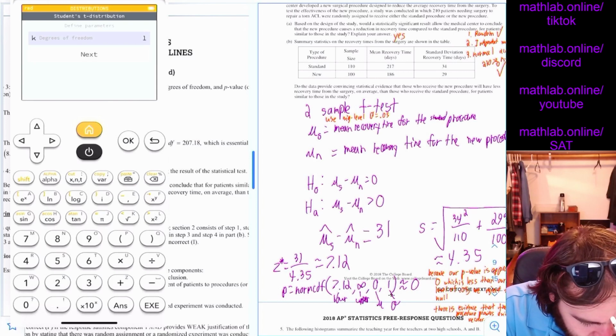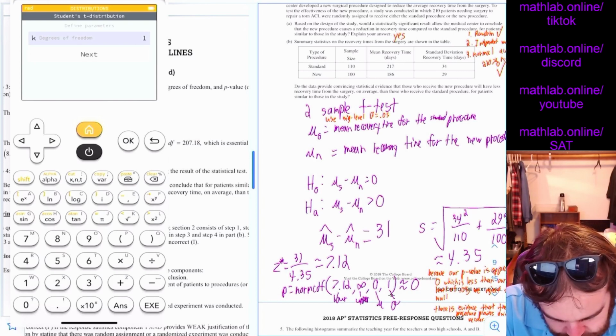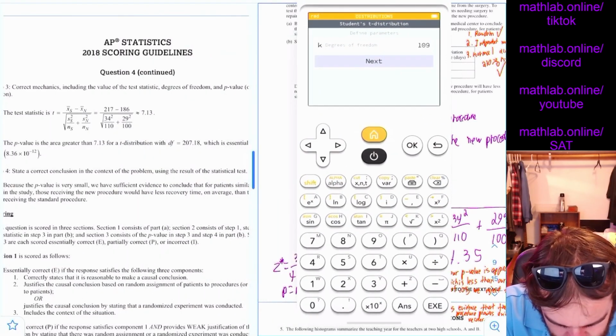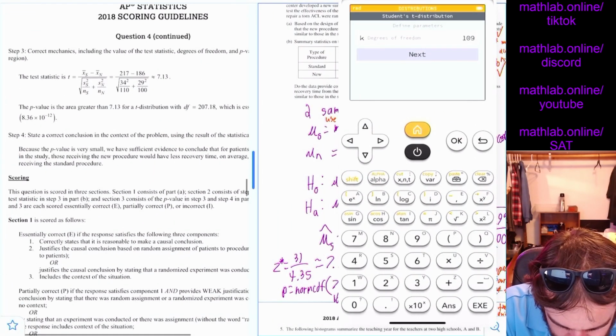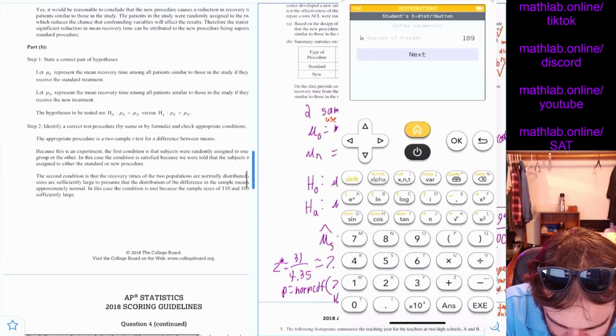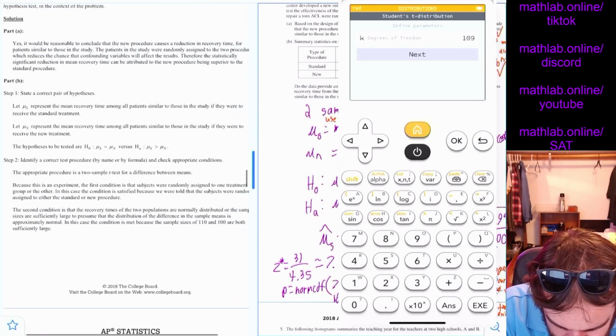It's the lesser one, right? It's like 99? Or is it the greater one? It's 109? How do you do the degree of freedom for a pair? It's a formula you have to use.